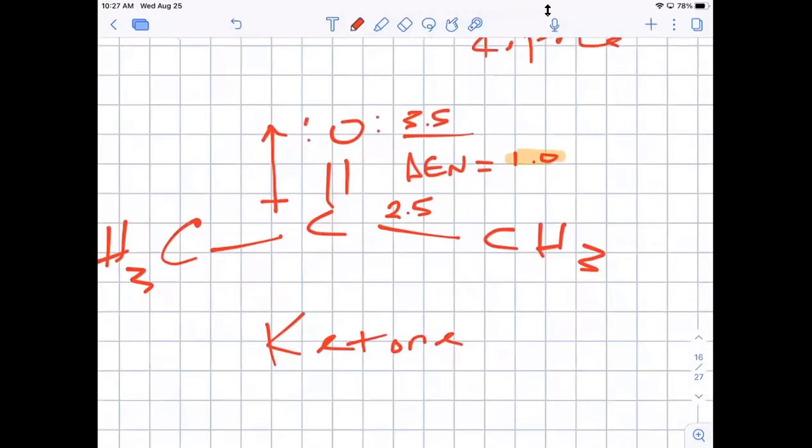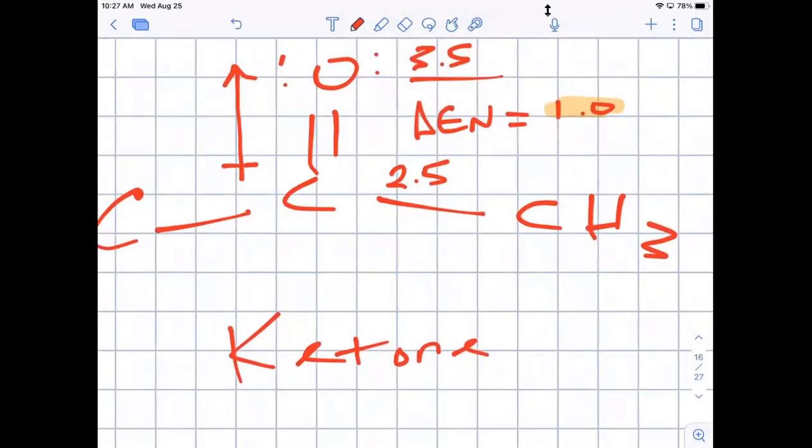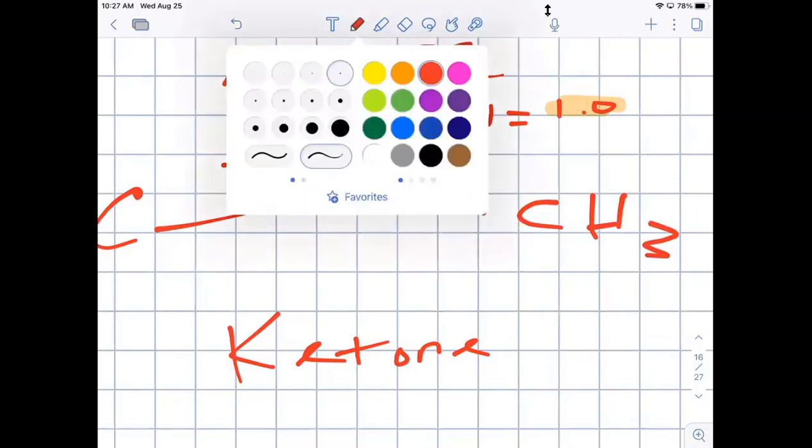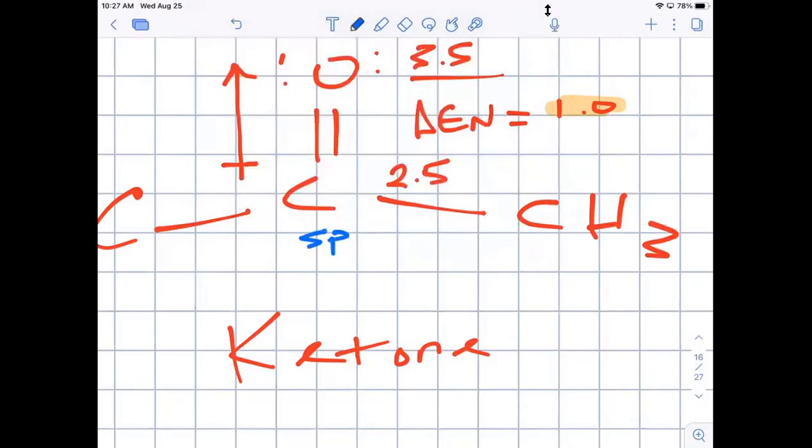If you watched the video on hybridization, or was it the one on skeleton and line forms? I can't remember. It was one of those videos. What's the hybridization state of the central carbon that's bonded to oxygen? sp2. And these over here, sp3.